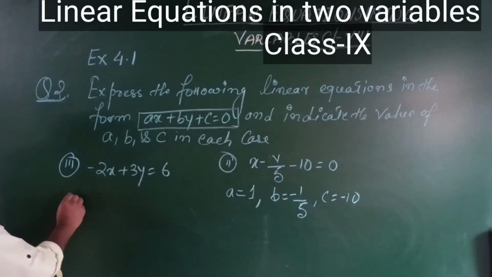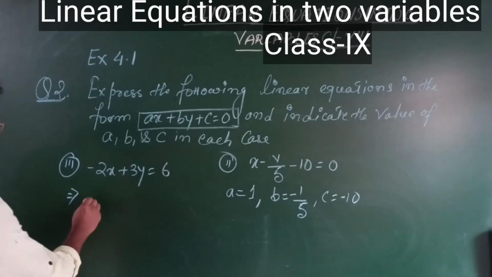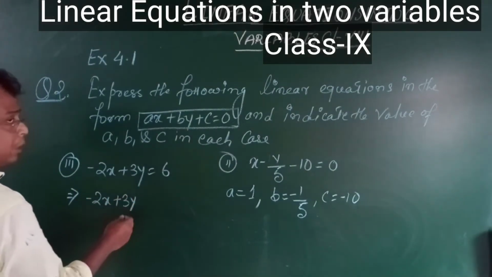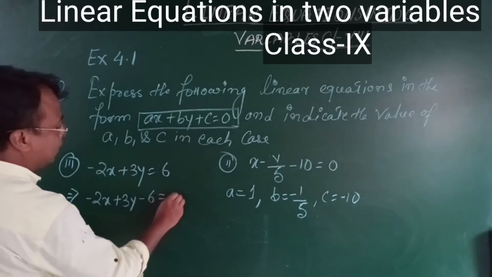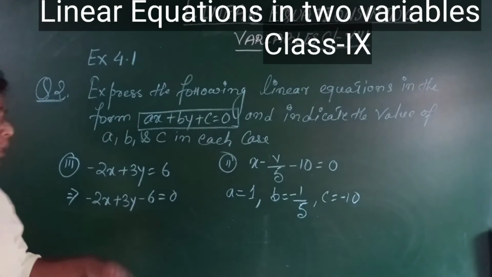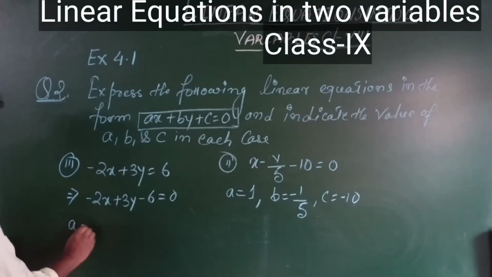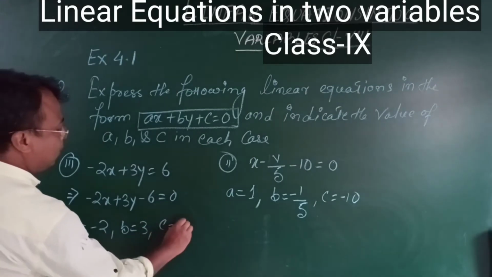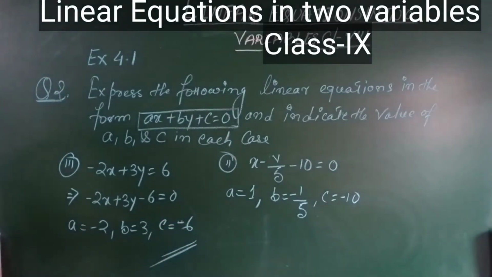So first of all, bring it into standard form. Minus 2x plus 3y, then 6, if you transpose it here, it becomes minus 6 is equal to 0. If you compare with the standard form, what is the value of a? a is equal to minus 2, b is equal to 3 and c is equal to minus 6. I hope you understood this one.